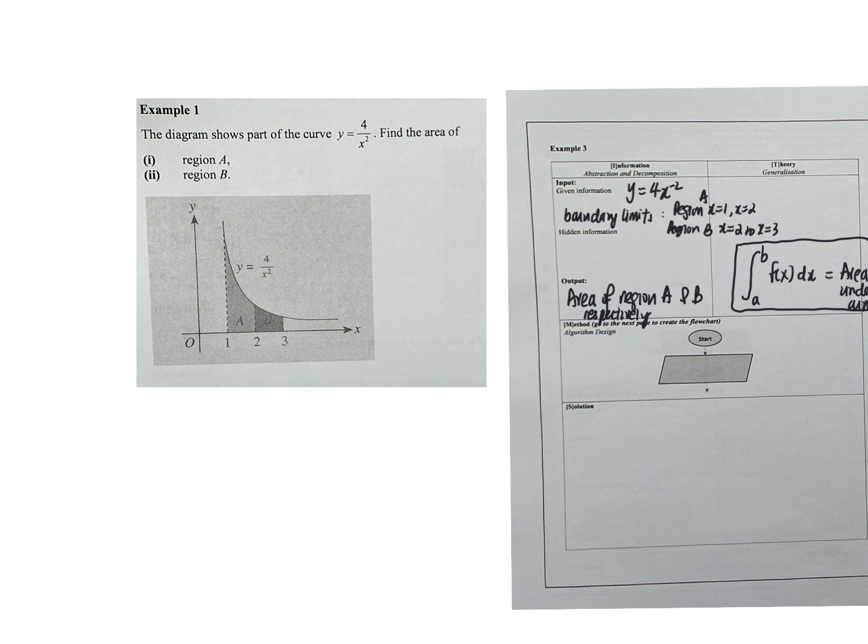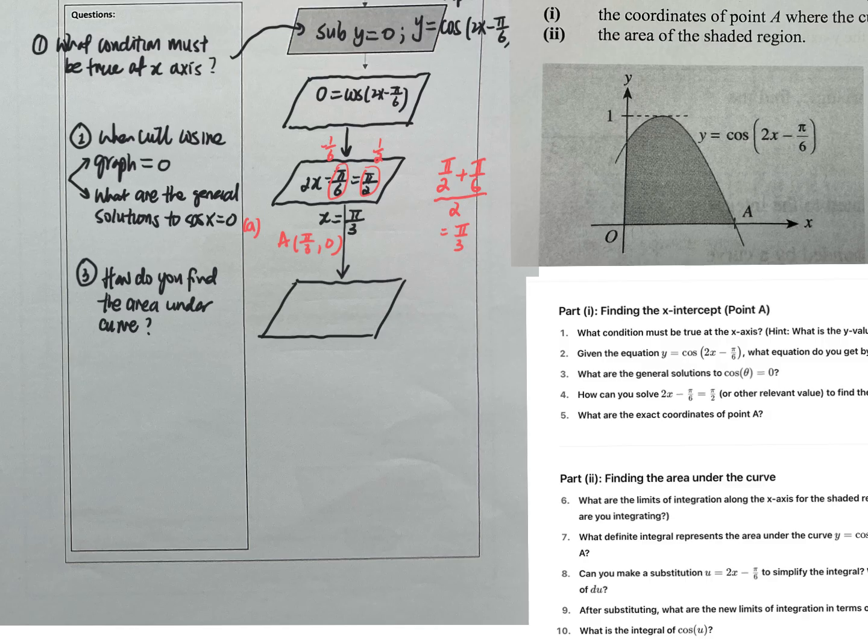It's just like during the exam, the AI will function. Okay, let's just try. So this is the step that we do to perform integration of cosine of 2x minus pi over 6.